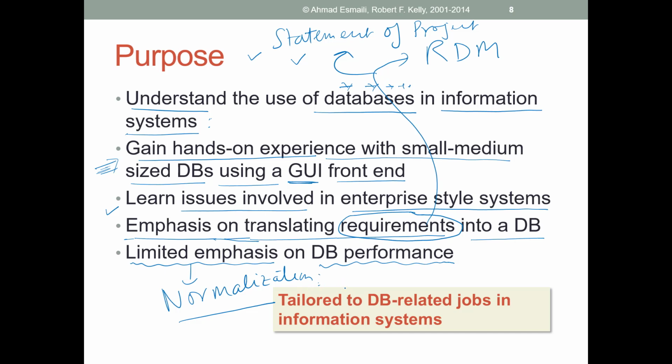And normalization is the process where you evaluate how good your database is. Right? So in a way, normalization will help you in improving the performance of your database. So beyond that, we will not explore anything additional. So this course is tailored to database related jobs in information systems.